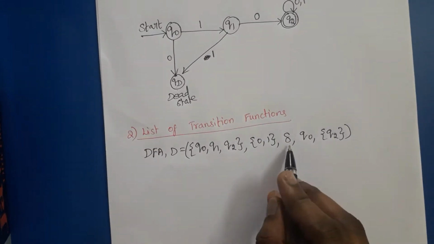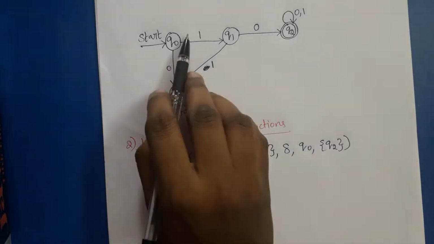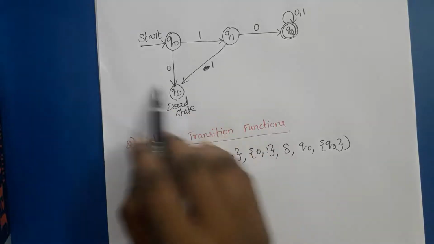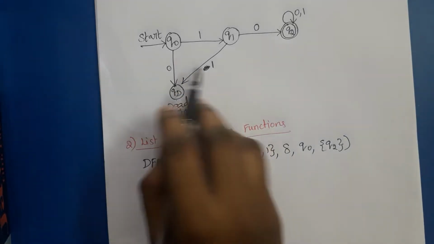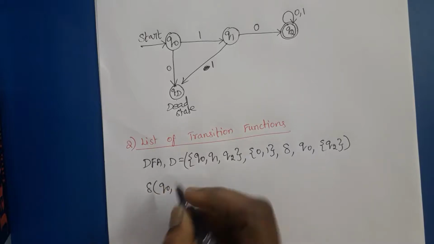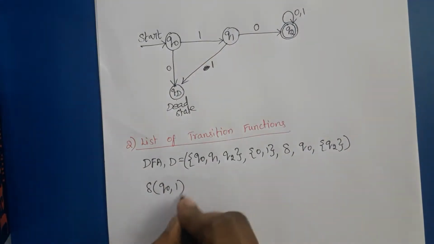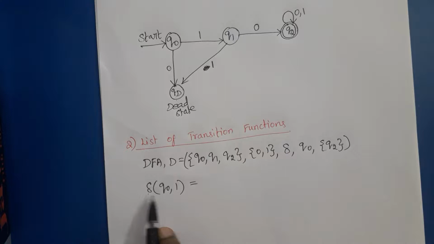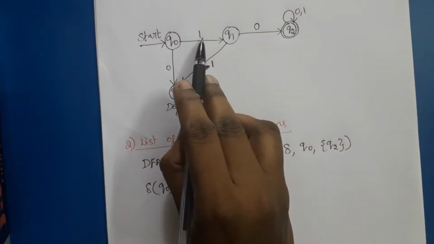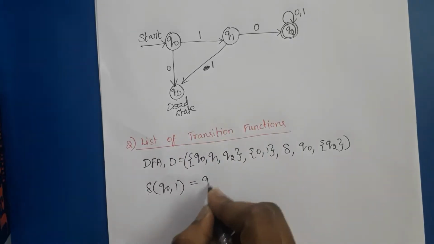Then we need to write all the transitions. Here we have 4 transitions: 1, 2, 3 and 4. There is no need to write these, but if you want, we can write it. So delta of Q0 comma 1 equals delta of current state comma current input symbol. The current state is Q0, the current input symbol is 1, the next state is Q1.